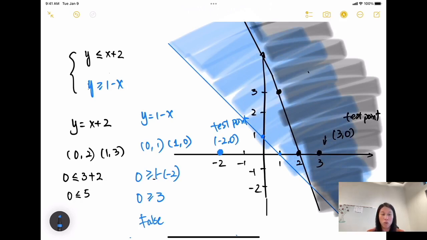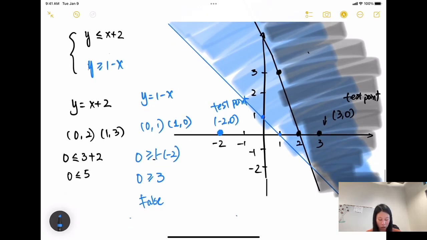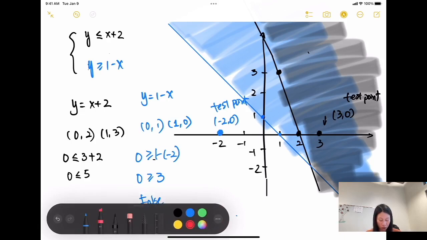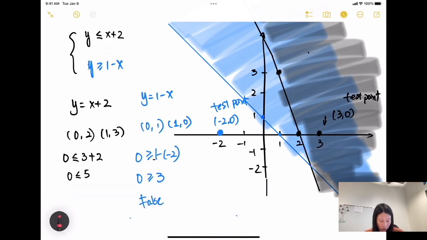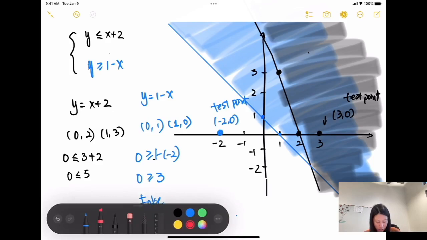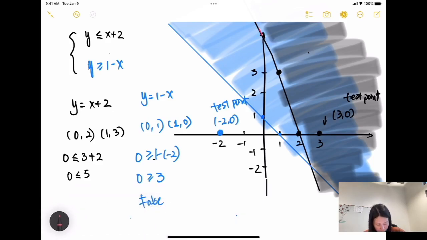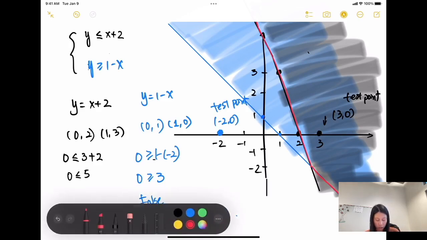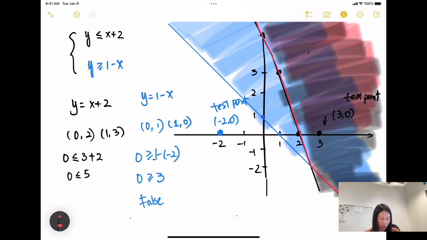Now, which one is the overlap area? The part where the two shaded areas overlap is going to be our solution. Which part do they overlap? I'm going to use a red one to draw it. It's going to be in this area, right? Since this line to here and here, everything above it, so it would be this one.